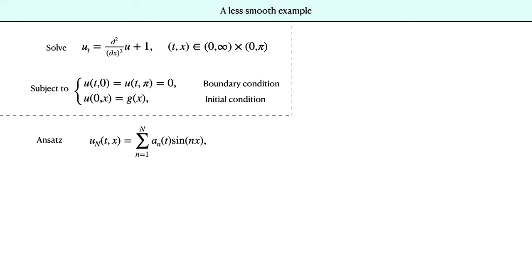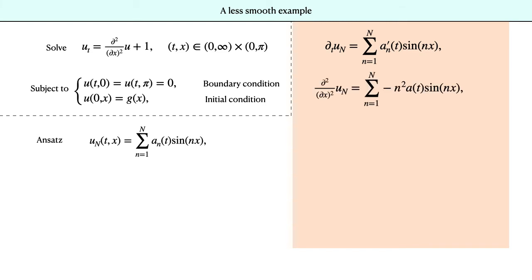So we tried the same thing. We tried to find a solution to this equation. And as before, we have an ansatz, which is a finite sum of sines, and the time derivative and the space derivative are the same as before.